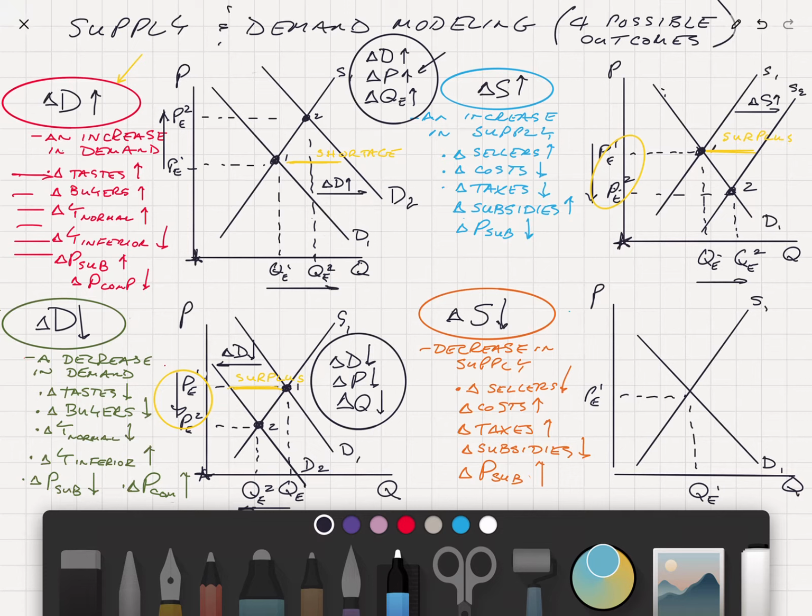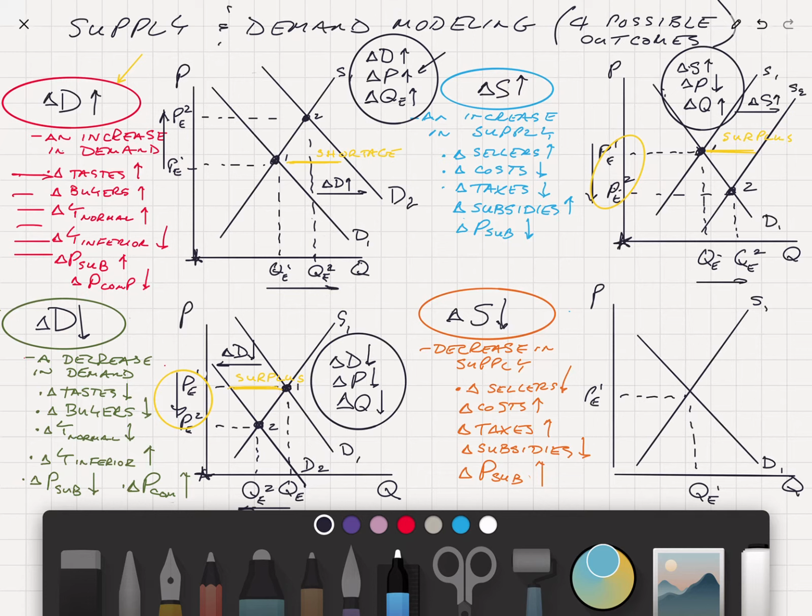If it's a supply side change, with supply up, now we're going to have a change in price down and a change in quantity up. So now you have 2 arrows going up and 1 arrow going down. But it lets you know that this is going to be a supply side change rather than a demand side change.